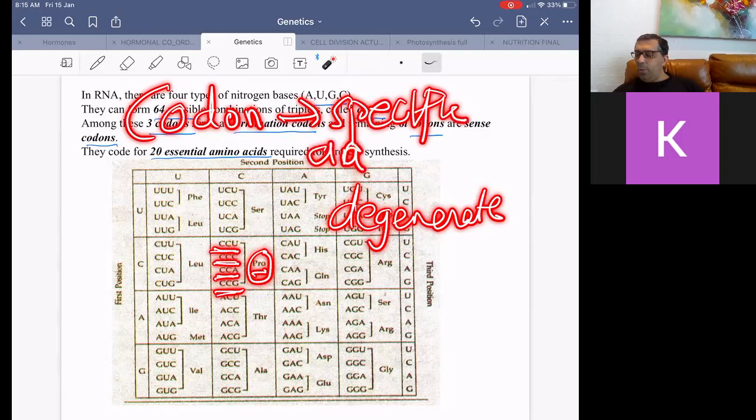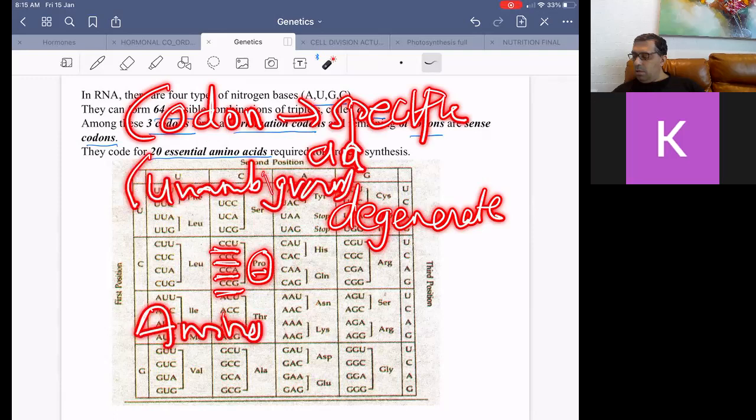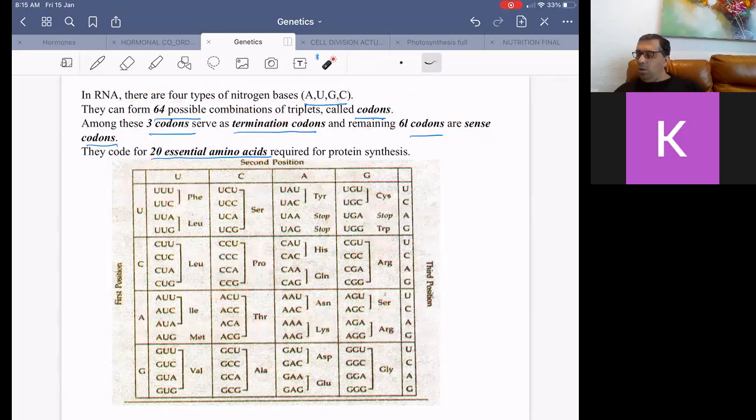So every codon codes for a specific amino acid.